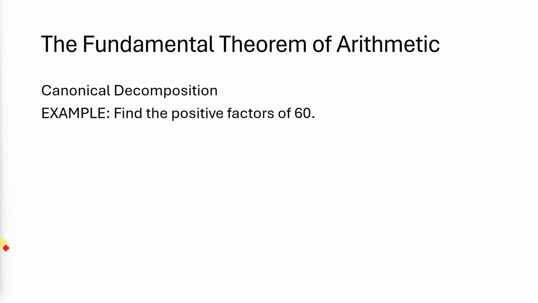Okay, so we have: find the positive factors of 60. So for our solution, notice that 60 is equal to 2 squared times 3 times 5.